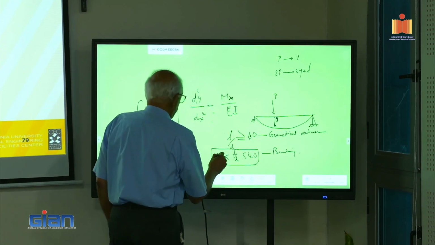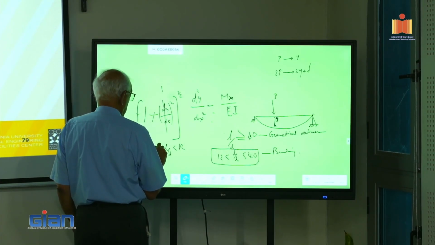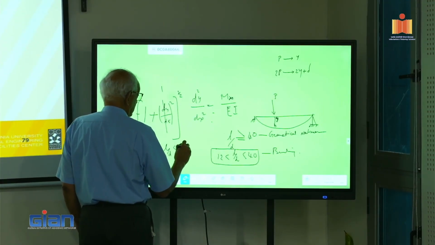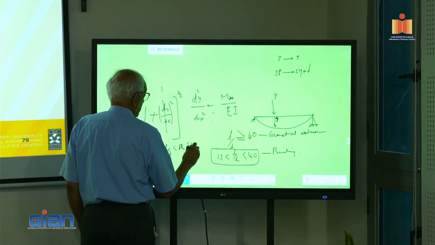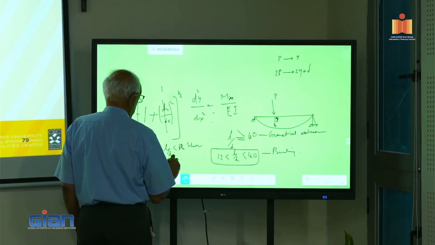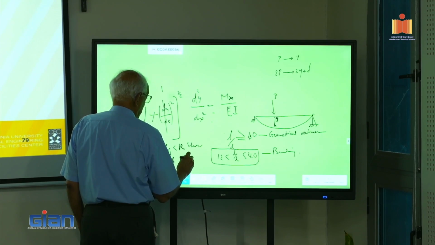And then if it is this, this is shear. Compression, local.